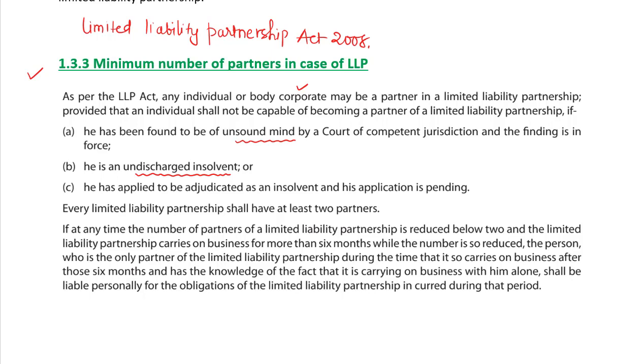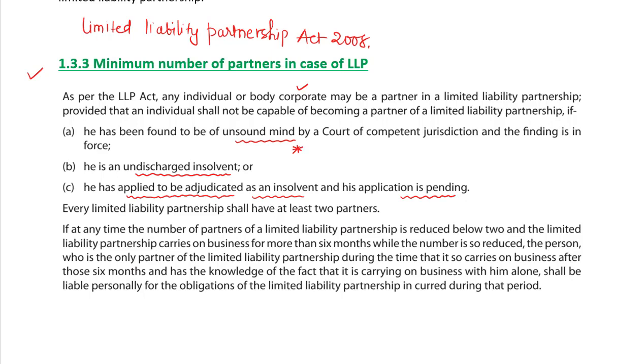And next, he has applied to the court to be adjudicated as insolvent and his application is pending. So three cases. Who can't be a partner in an LLP? If any person is of unsound mind, he is an undischarged insolvent.